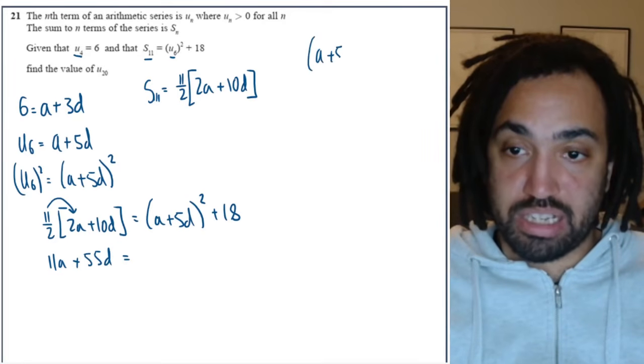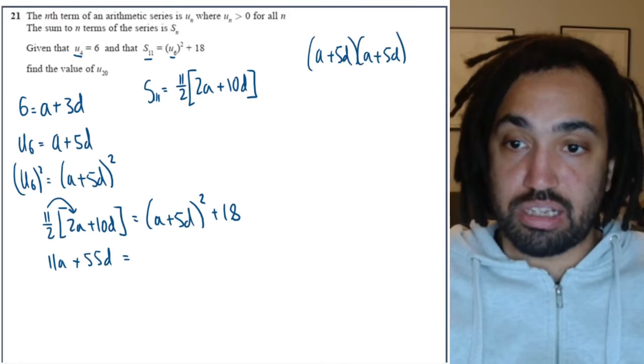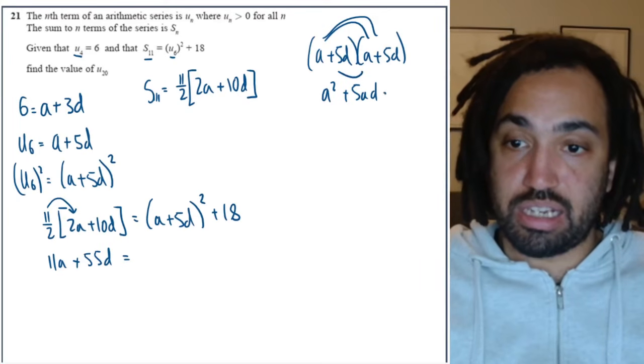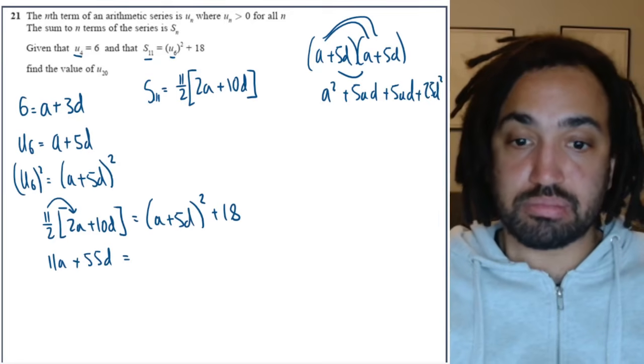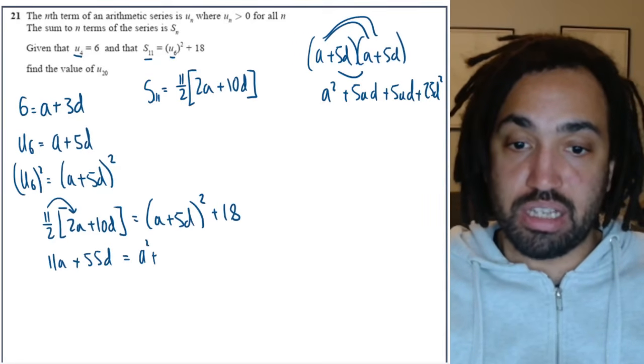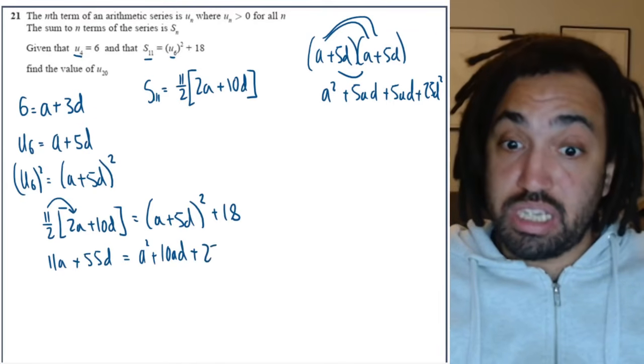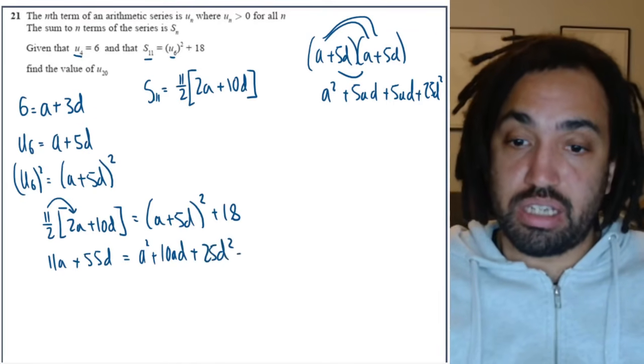It's a double bracket, so I'll just do that up here just to make sure I don't make any mistakes. And I'm going to get a squared. I'm going to get 5ad, I'm going to get another 5ad, and I'm going to get a 25d squared. So that's a squared plus 10ad plus 25d squared plus 18.